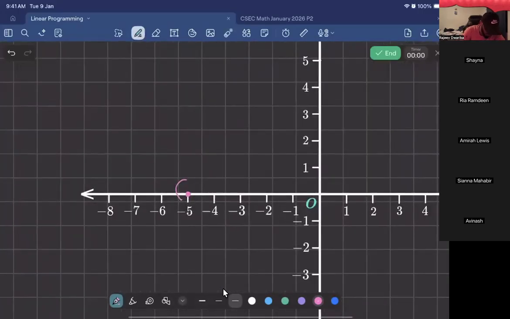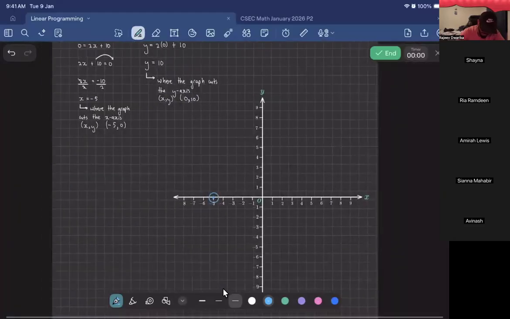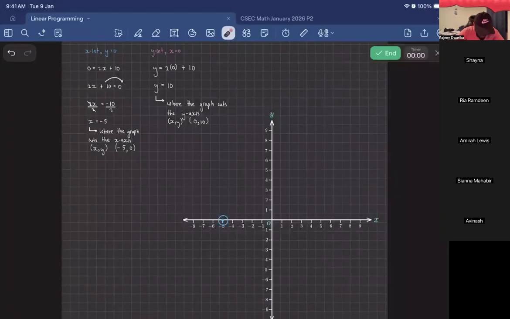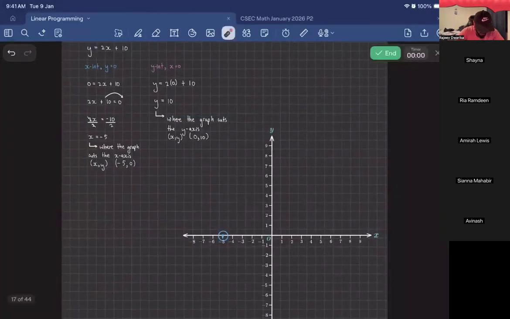I should put this dot in blue. That is where my line is going to cut my x-axis, because we got x is equal to -5. Can you see that this is on the x-axis? Yes, sir. Okay, good.